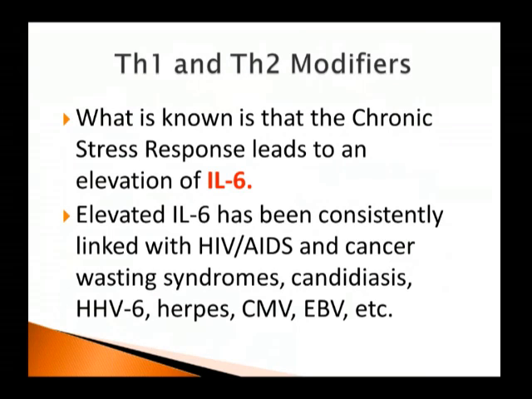Interleukin-6 is often associated with AIDS and HIV, cancer, candidiasis, herpes viruses, and so what's happening is in the presence of these entities, whether it's cancer, chronic candida, various viruses, our interleukin-6 levels can be high.